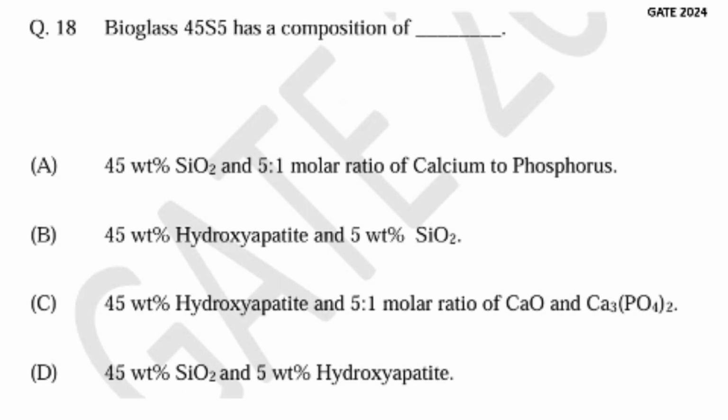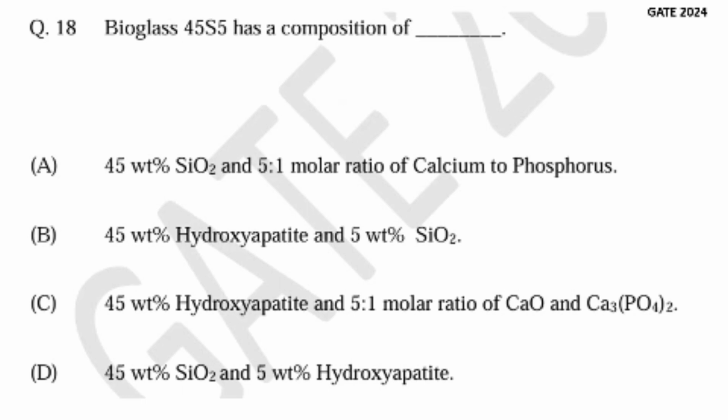Then second option B: 45 weight percentage of hydroxyapatite and 5 weight percentage of SiO2. Then the third one: 45 weight percentage of hydroxyapatite and 5:1 molar ratio of CaO and Ca3(PO4)2. And the fourth option: 45 weight percentage of SiO2 and 5 weight percentage of hydroxyapatite.